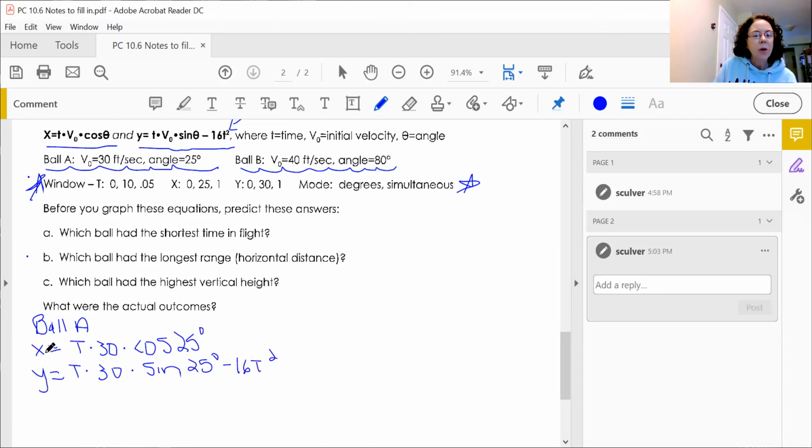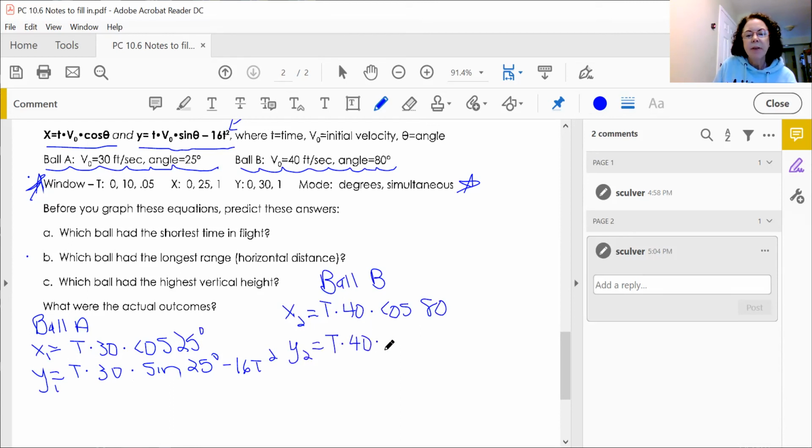That will be our X1 and our Y1. For ball B, we will have on an X2, T times 40 times cosine of 80. And on a Y2, we will have T times 40 times sine of 80 minus 16t squared.